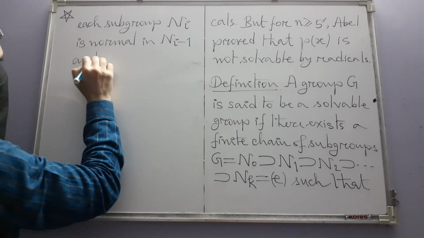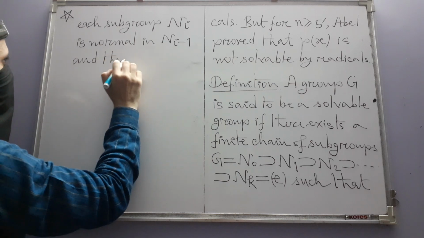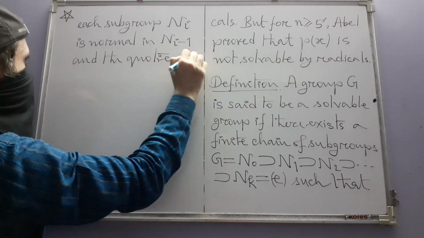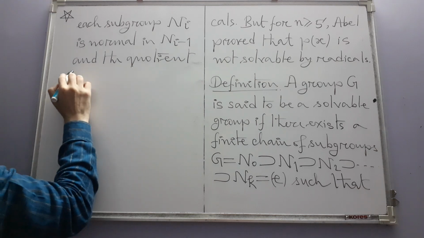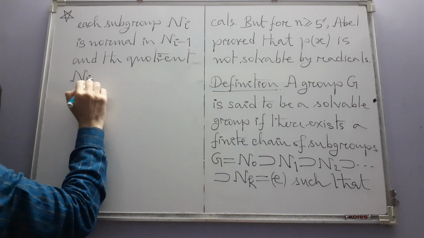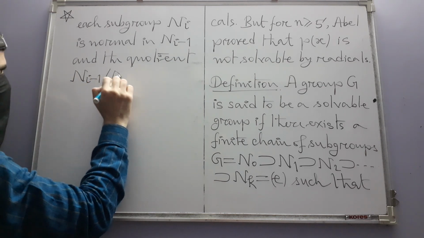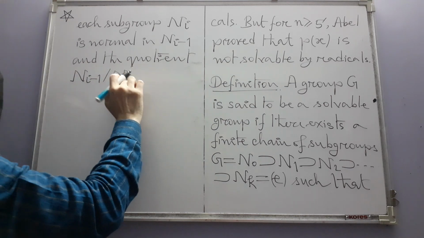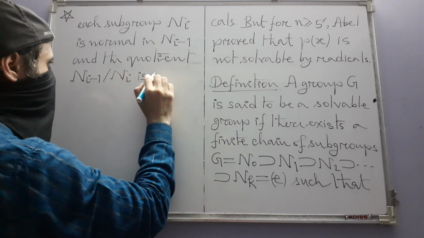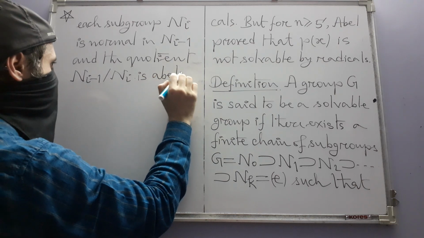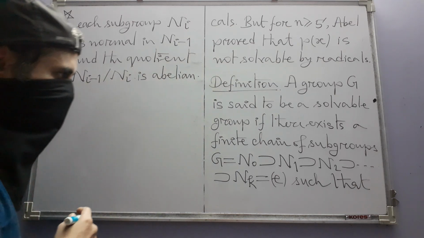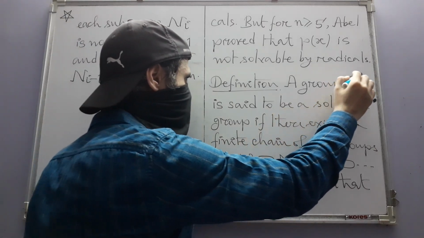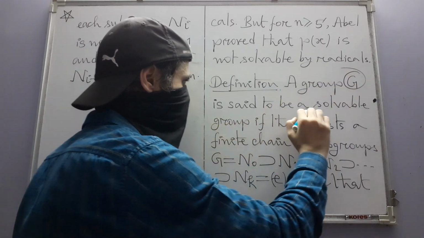And the quotient, so if it is normal, you can form the quotient of Ni minus 1 by the normal subgroup Ni. Each such quotient is abelian. If such a chain of subgroups can be found, then we say that G is a solvable group.